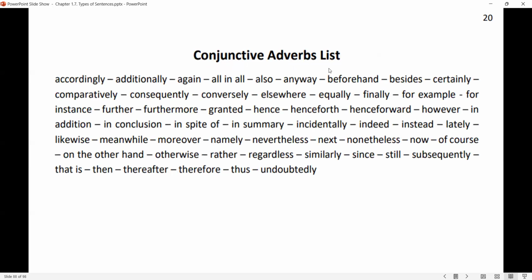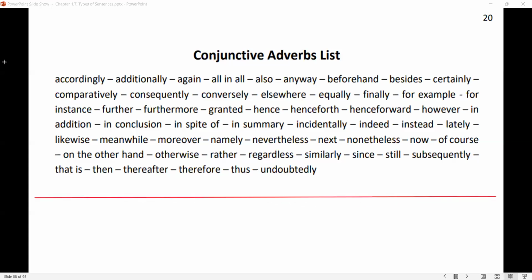Page 20, you have this conjunctive adverbs list. Take a look at it, read it, study it, okay? Try to make a list like this. If I were in your shoes, I would make a list like this. For example, I would do something like this.